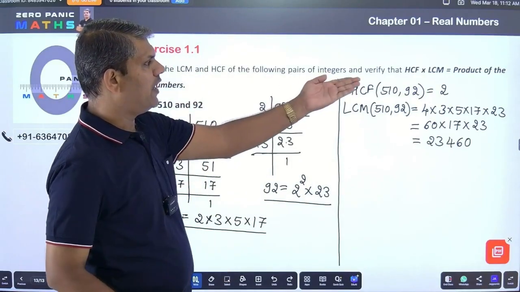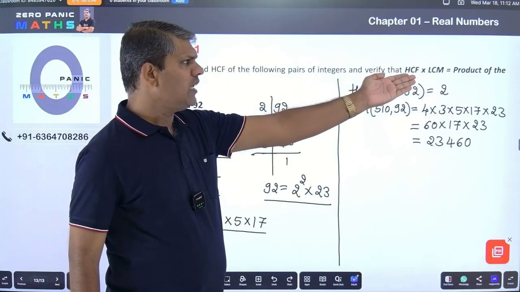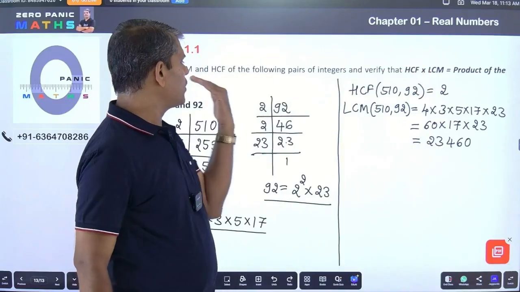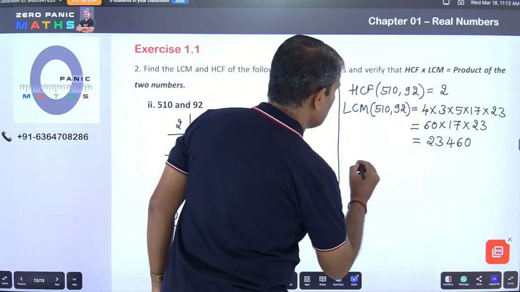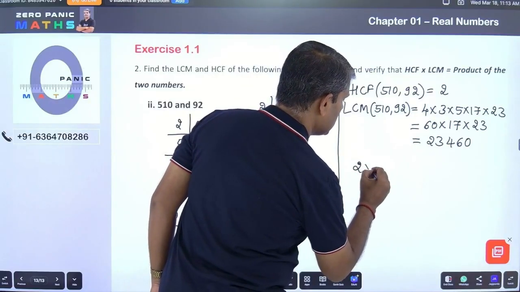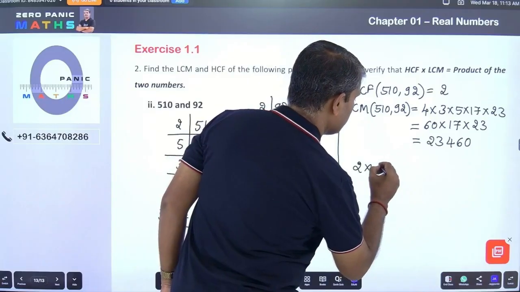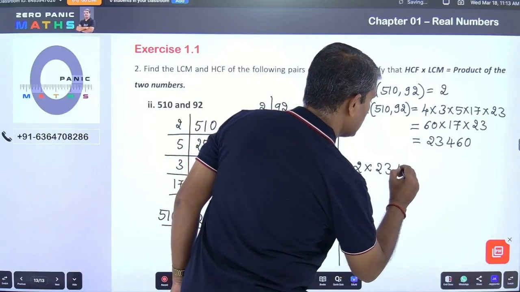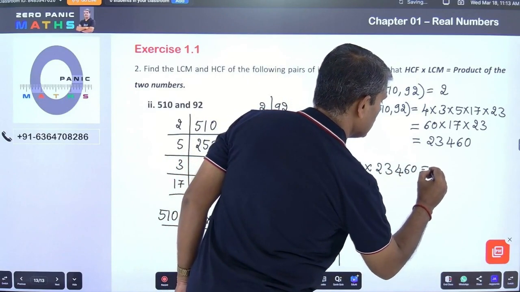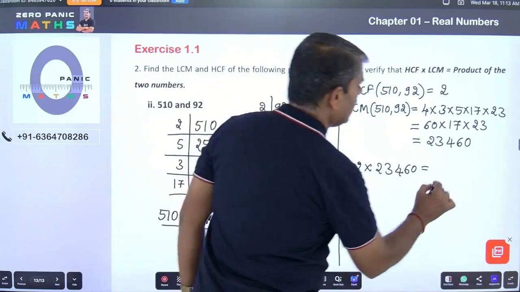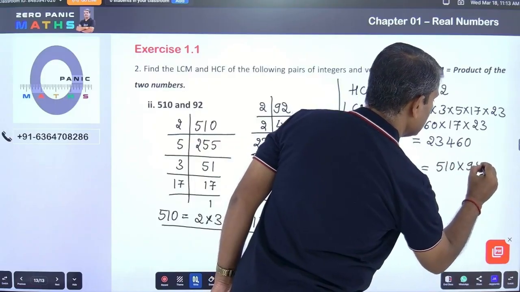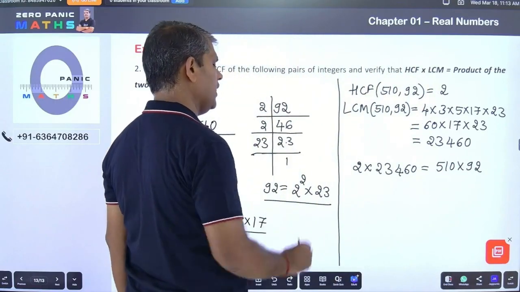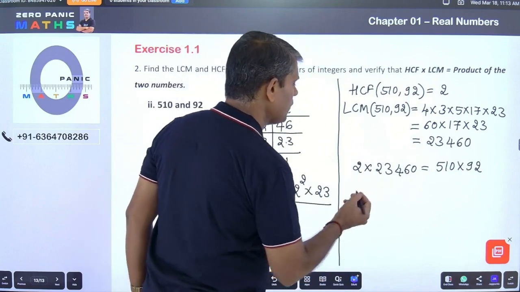Now we need to verify whether the product of HCF and LCM is equal to the product of the two numbers or not. Okay, let us do that. What is HCF? It is 2, and what is LCM? It is 23460. We need to verify whether it is the multiplication of 510 and 92. It should be, because that is the proved formula.